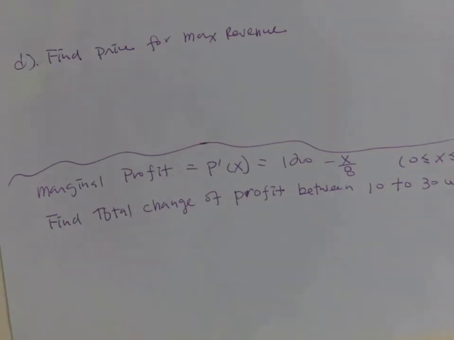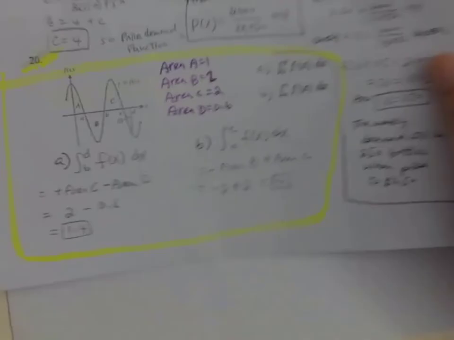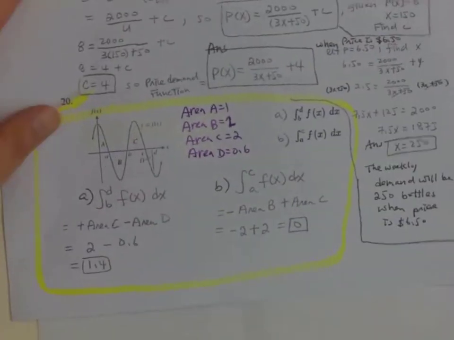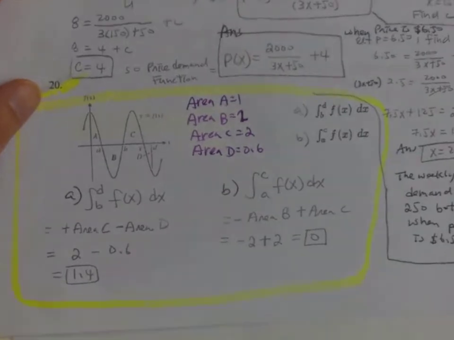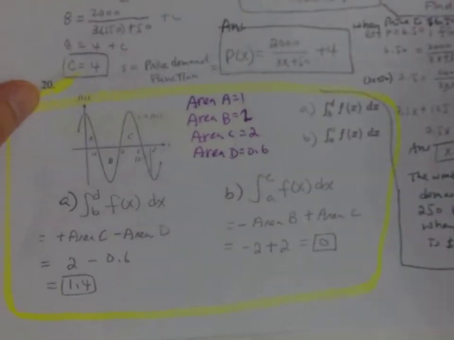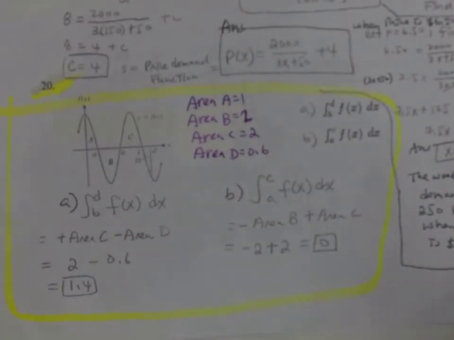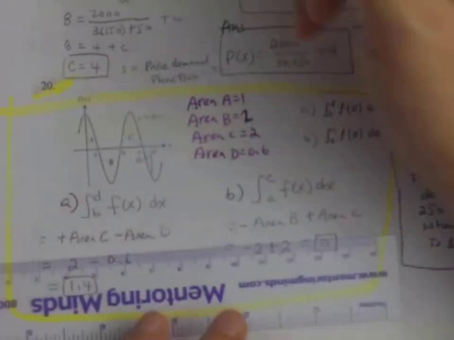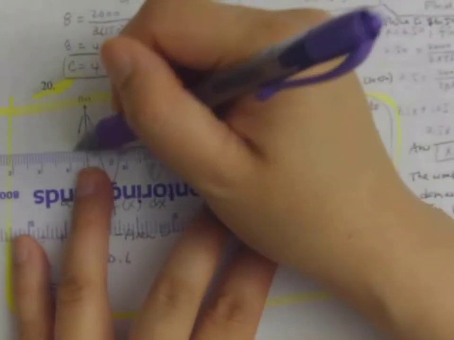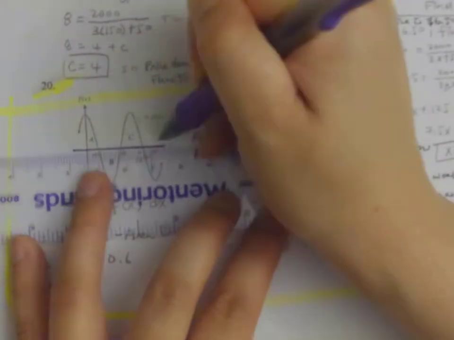You also may have a question where I give you the graph, and you need to find the area. Remember, the area above the x-axis you will add, it is positive.